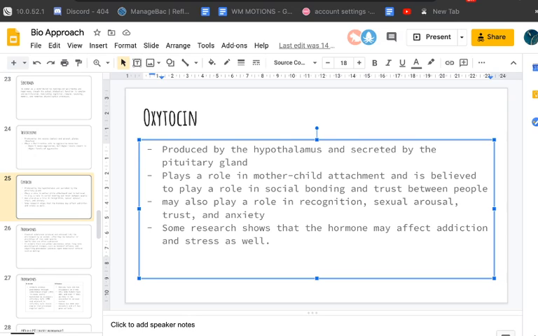Having the MAOA-L gene may encourage aggressive behavior, with less serotonin broken down in the synapse.